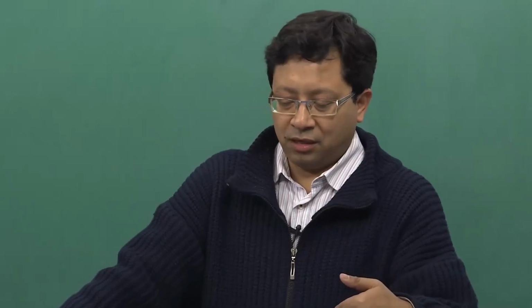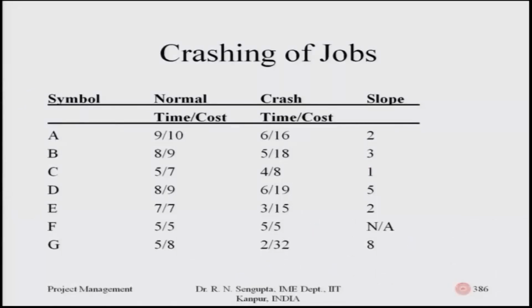This slide is basically the data related to the normal time and the cost, which is in the second column for jobs A till G. Then the crash time: if you reduce the time, obviously there is an extra cost incurred. This information for jobs A to G is given in column 3, and correspondingly the slopes are given.